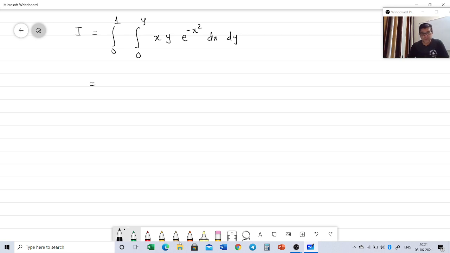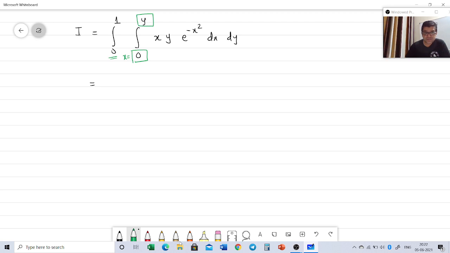Now observe here, we know outer limit by default is always constant, but here you observe the inner limit is function of y. That means these are variations in x. So x is varying from 0 to y.